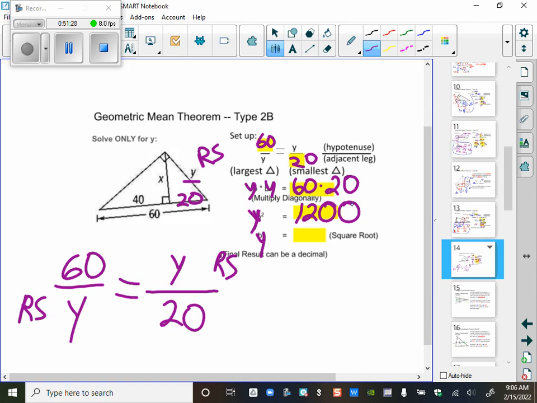You need an extra zero there. And then last step, what do we have to do with the 1200? Find the square root of 1200, which is how much? Good. So 34.64, that's going to be your square root.